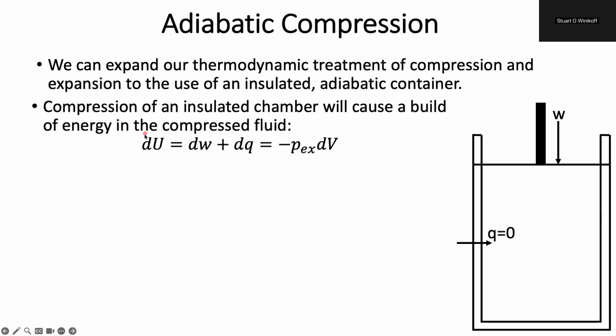So if we're looking at the change in internal energy, we've previously said that internal energy can change with either heat or work. But if there's no heat, that means it's only coming in as work, which we can describe as PV work. So if we know the external pressure and the change in volume, we should be able to know the change in internal energy. Now that has its own issues.